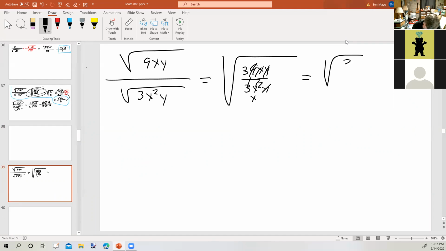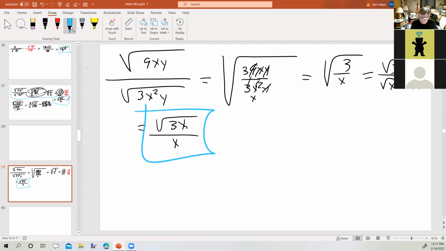So I've got the square root of 3 over x, which is the square root of 3 over the square root of x. I'll multiply by the square root of x over the square root of x, and I have the square root of 3x all over x. Again, any questions there?